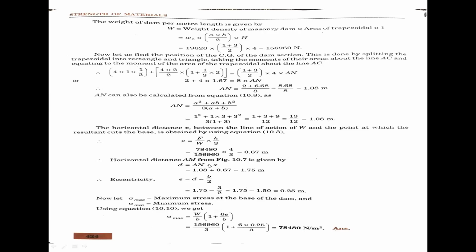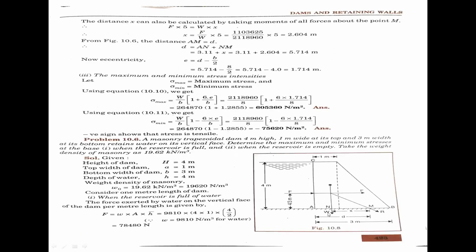The horizontal distance AM from figure 10.7 is given by small d. Again, I have to calculate small d in this diagram. Small d equals An plus x, the total distance. An value 1.08 plus x value 0.67 equals 1.75 meters.